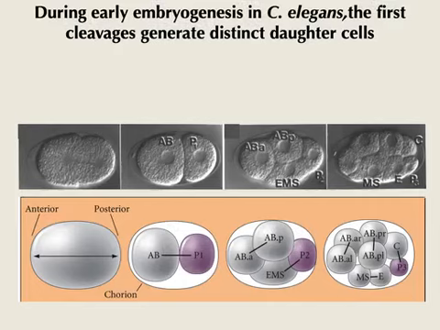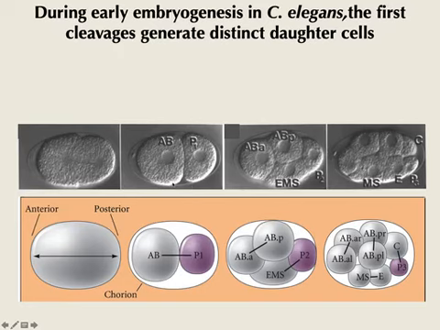Okay, so let's look at stills because that's going to be a bit easier. So you have the egg. Initially, it's not really polarized, actually. That polarity, as we'll see, emerges as a consequence of fertilization, but very quickly it leads to this asymmetric cell division.